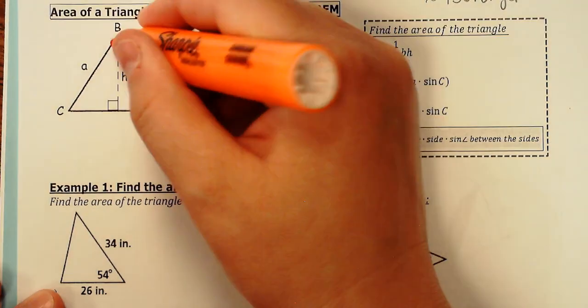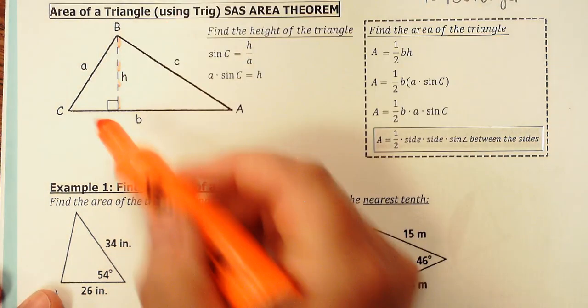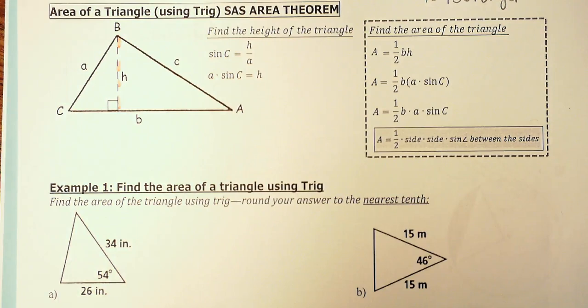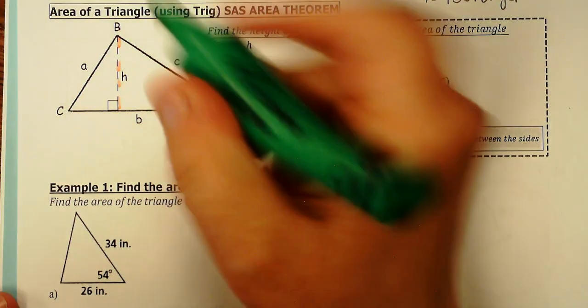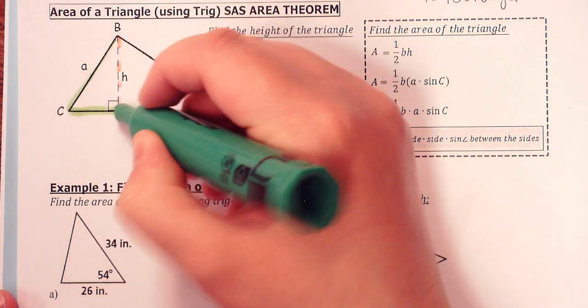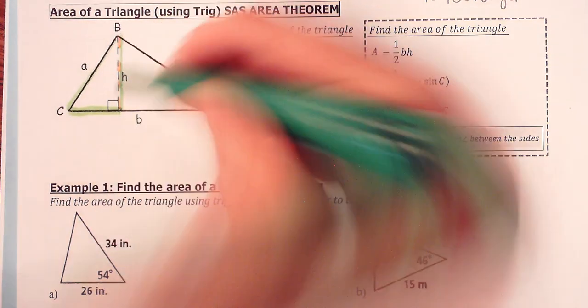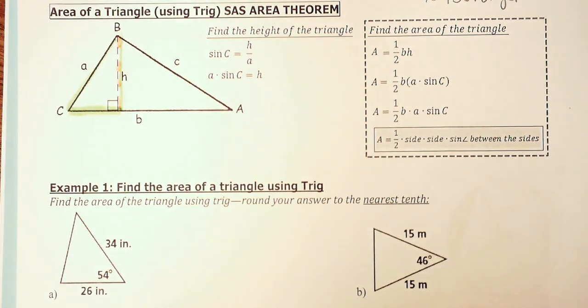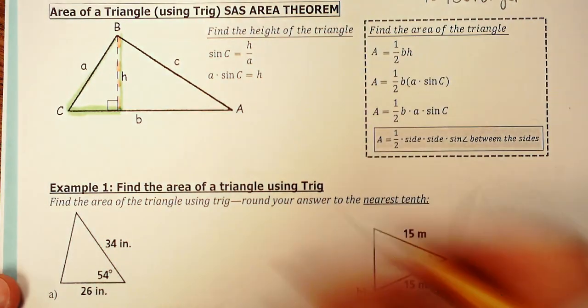So here's the height, and you'll notice when you drop the height that creates a little right triangle. And so the triangle I'm really focusing on right now is just going to be here. Now, if you just look at that triangle, we're going to bring back some little trig skills.